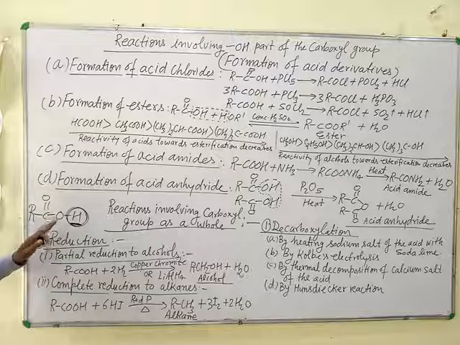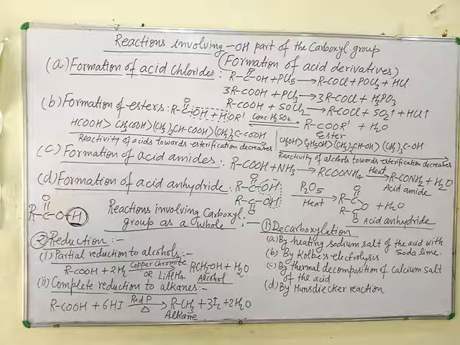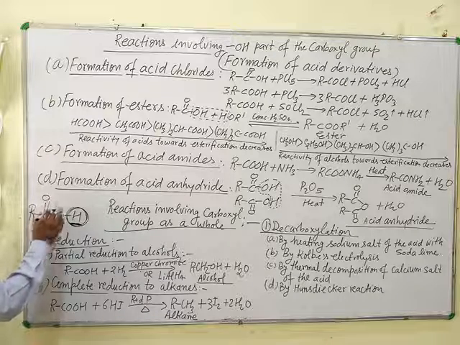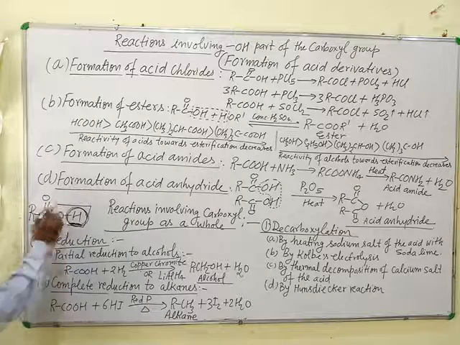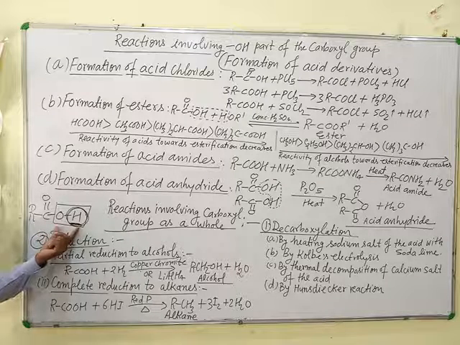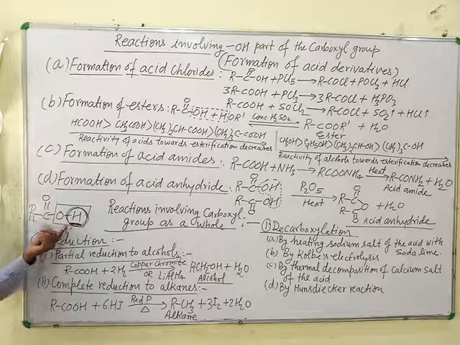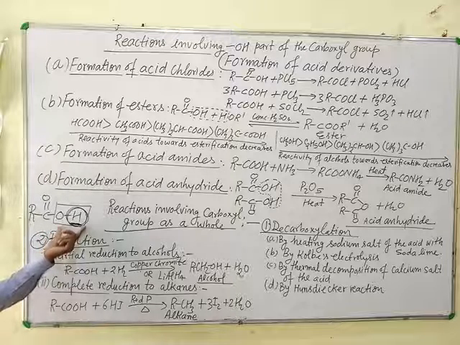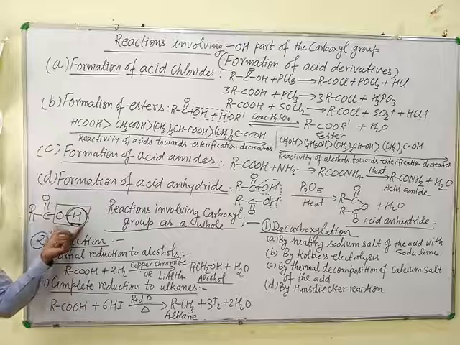In this video, we are going to discuss its remaining chemical properties, that is, reactions due to the OH part of the carboxyl group. When the OH part of the carboxylic group takes part in a chemical reaction, acid derivatives are formed.